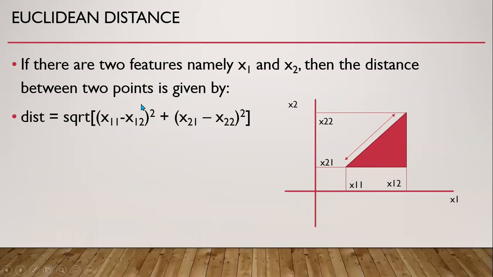So let us see what is Euclidean distance. If there are two features, namely x1 and x2, graphically x1 on the x-axis and x2 along the y-axis, then the distance between 2 points, let us say these are the 2 points, is equal to the square root of the difference on the first feature squared plus the difference on the second feature squared.